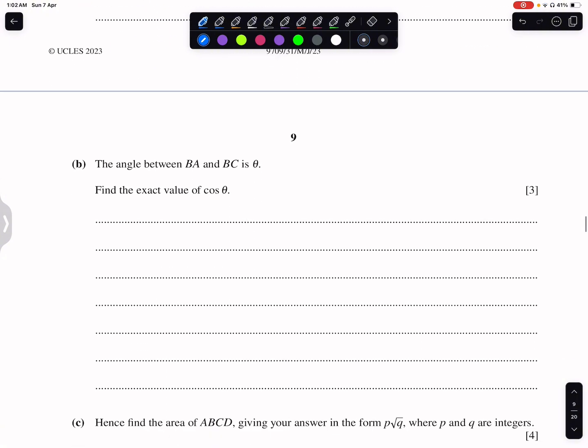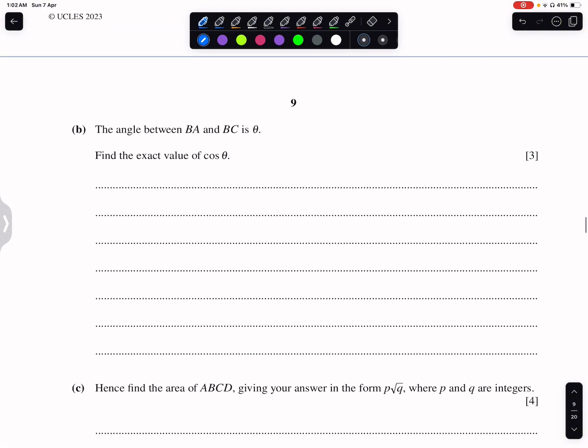The next part is to find the angle between BA and BC. So first of all, draw a diagram in which the point B is a common point and this is angle theta. Students, try to make arrows in the same direction. Do not mix arrows.